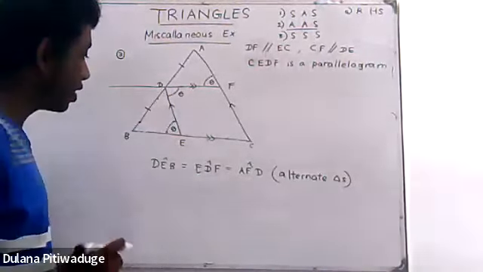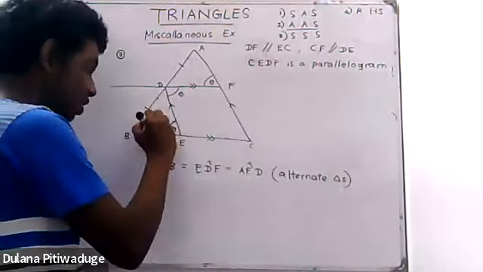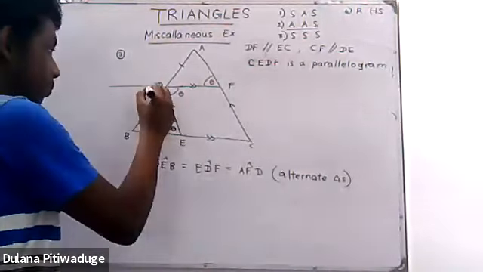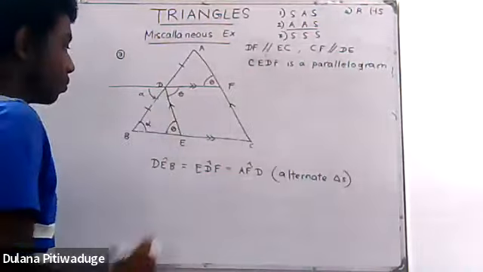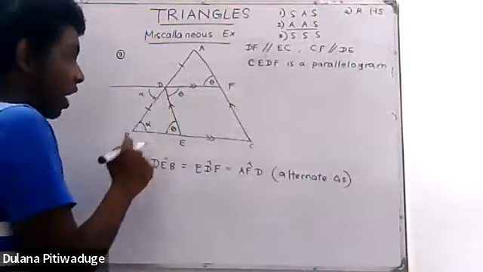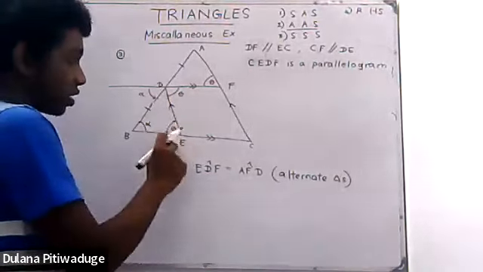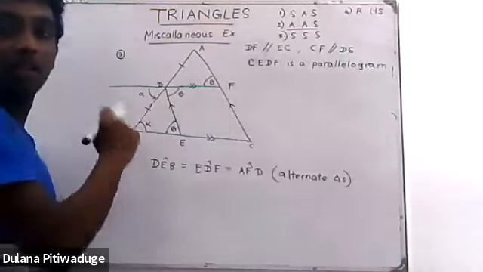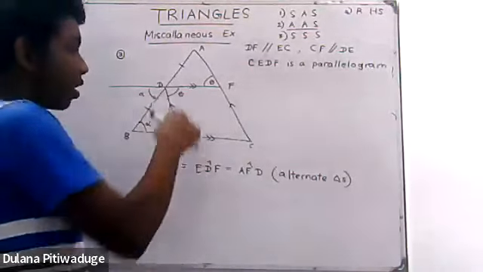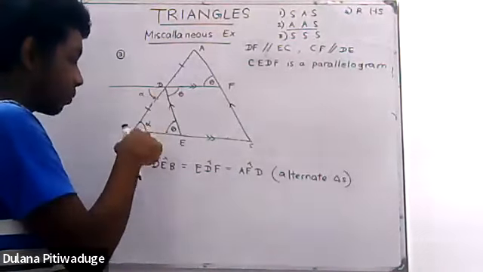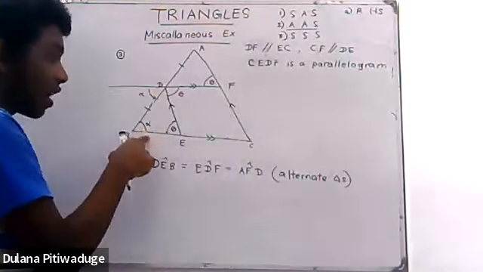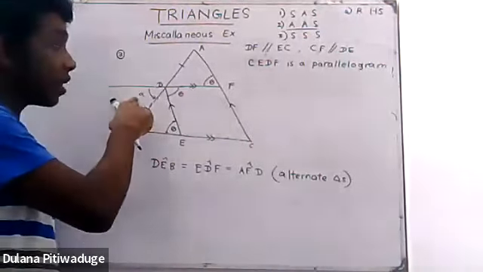If you consider this angle as alpha, the angle over here is alpha as well, as they are alternate angles. These two are parallel sides, even though this is elongated, still these two lines are parallel. Then this angle here is alpha, and if you consider this angle as alpha, this angle over here is alpha as well.